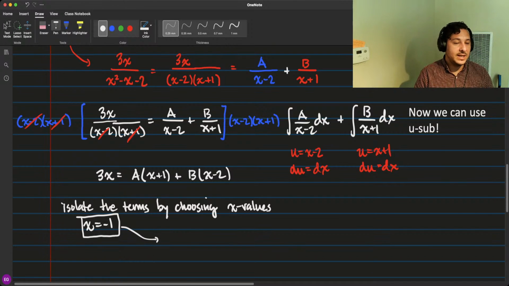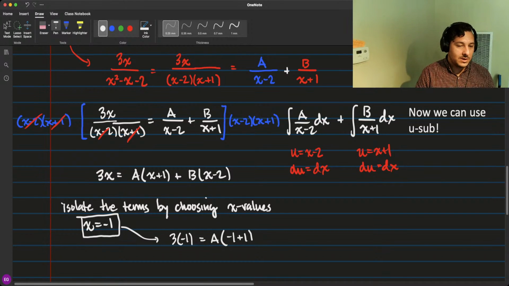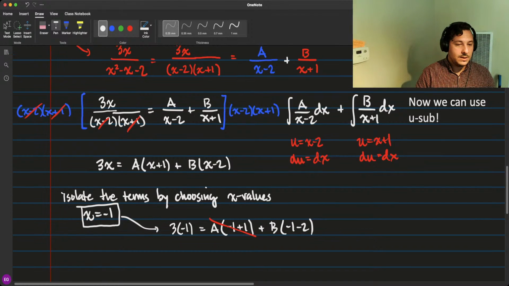Because if x equals -1, you get 3 times -1 equals a times -1 plus 1. Right? And then this is going to become 0. The a term goes away. And then you get b times negative 1 minus 2. So what do we get here? We get negative 3 equals negative 3b, which means that b equals 1.